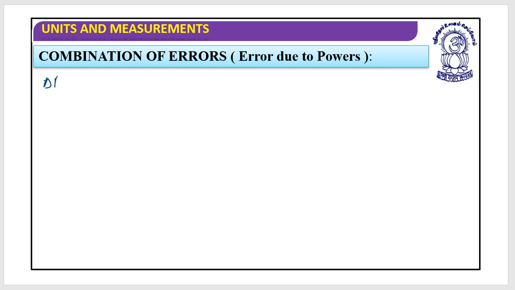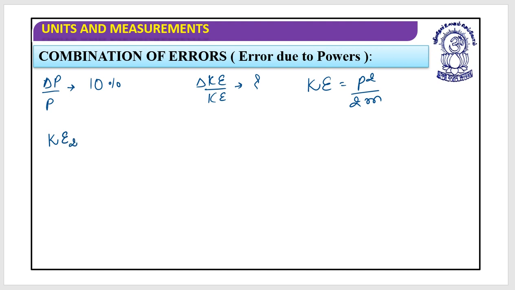They have asked that delta P by P has changed by 10 percentage. It has exactly increased, and I need to find out delta K by K. So this time I need to take a ratio. What I have observed is kinetic energy equals P square by 2m. So I can write the new kinetic energy, K2, equals new momentum squared divided by 2m.